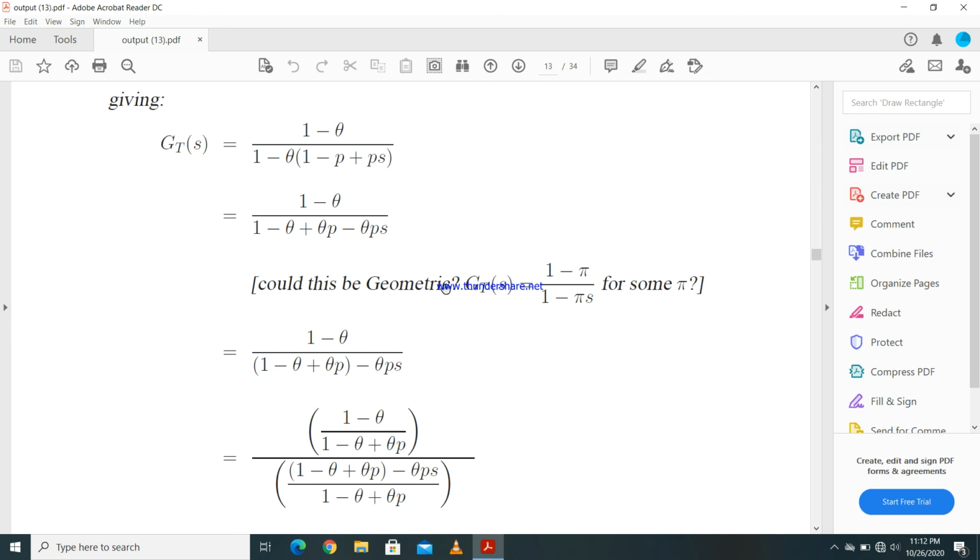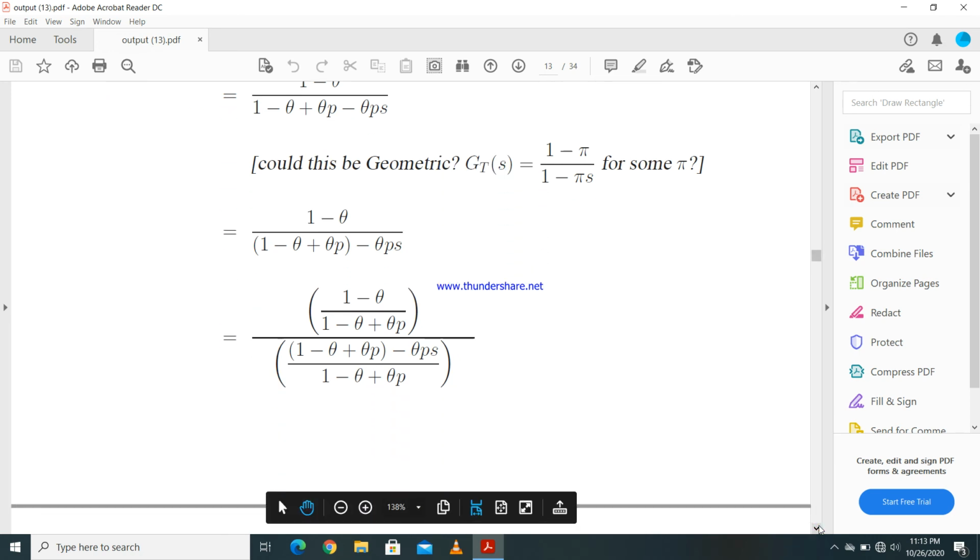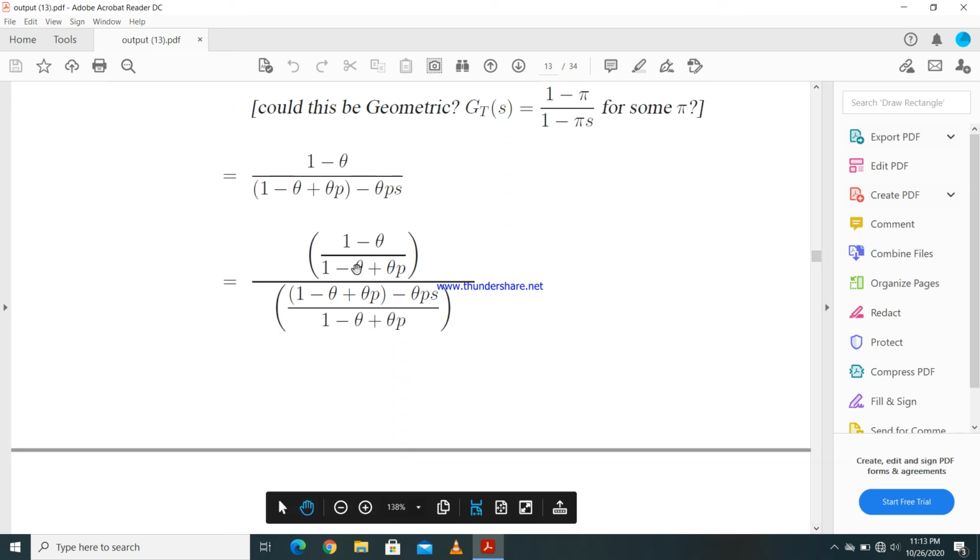So we are going to restructure this again. We'll keep this theta ps part here, since we have phi s here, and we'll take 1 minus theta plus theta p as one term, and divide the numerator and denominator both by 1 minus theta plus theta p. So when you take the denominator, 1 minus theta plus theta p, and divide it by itself, you have 1 minus.